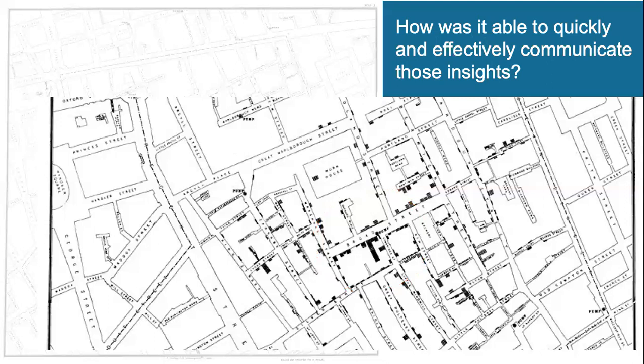Which also meant that by plotting deaths on the map, you could very clearly see that trend, which meant that you could very quickly communicate the existence of that trend to stakeholders that needed to see it and that needed to understand it.